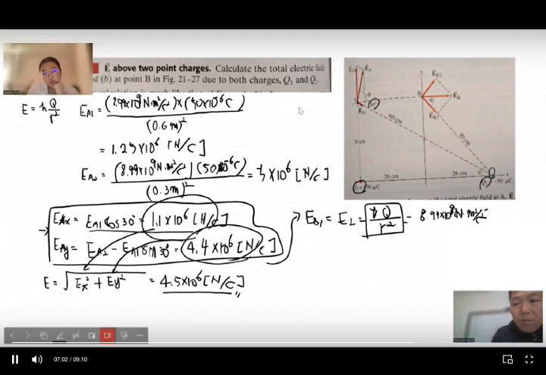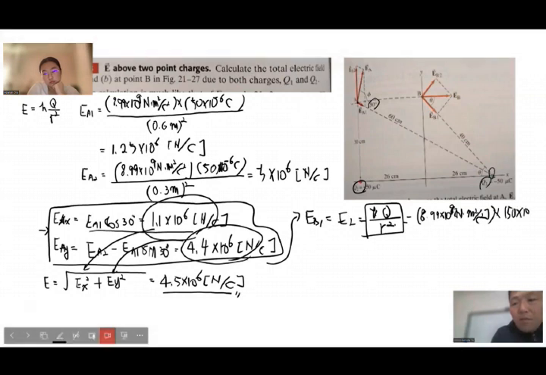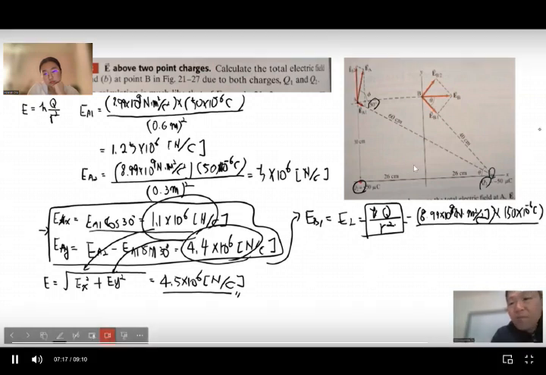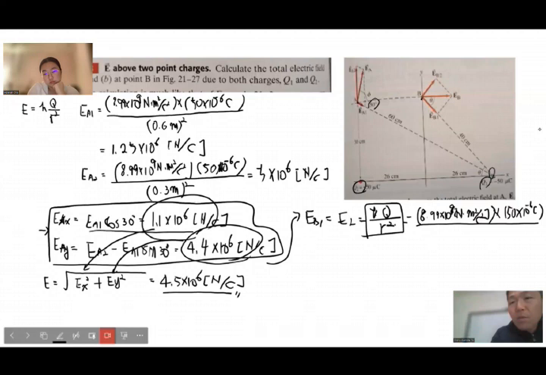The charge is 50 microcoulomb, so it is 50 times 10 to the -6 Coulomb, and the distance from this Q1 to the position B is the same, so that should be 0.4 meter squared.